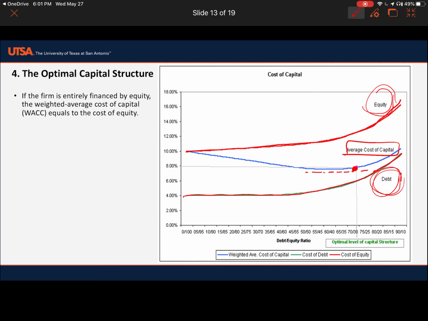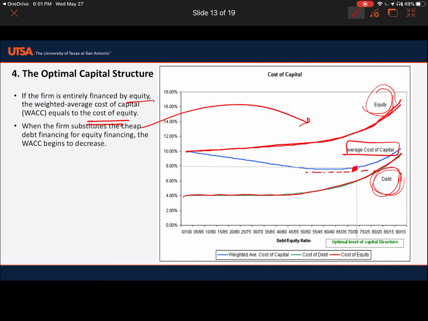So if the firm is entirely financed by equity, the weighted average cost of capital equals the cost of equity, this one. If the firm substitutes cheap debt financing for equity financing, the weighted average cost of capital begins to decrease.